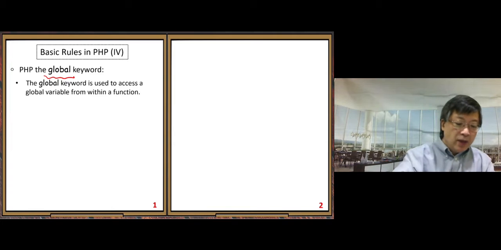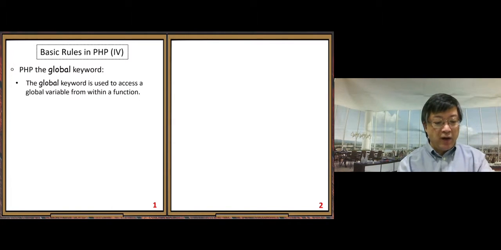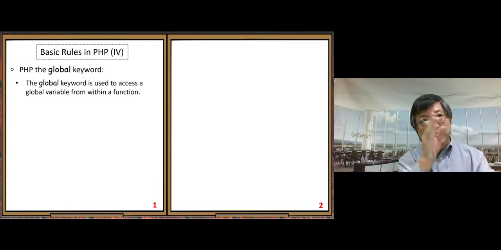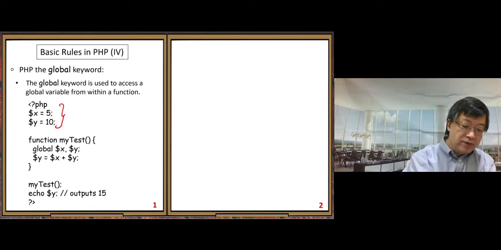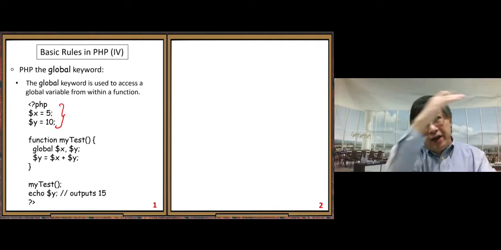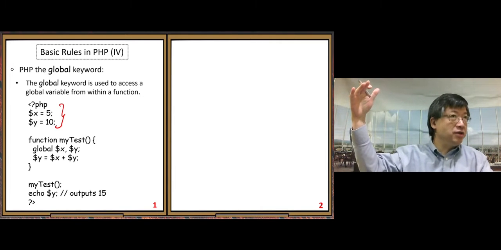The global keyword is used to access a global variable from within a function. So you declare those global variables inside your function. Look at this example. We have two global variables declared outside any PHP functions.